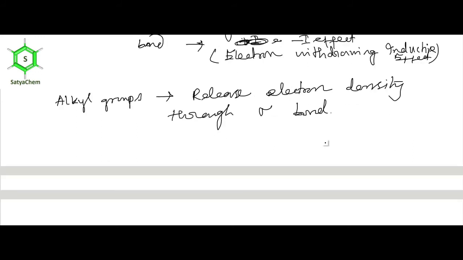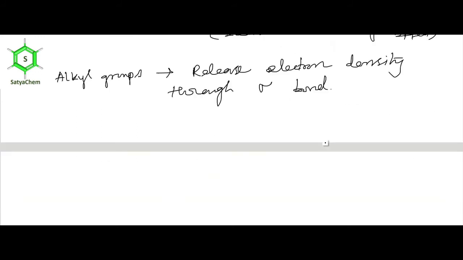Clear? But if we consider OH, the hydroxyl group is an electron withdrawing group, but when it gets converted into O minus, that is, when the hydroxyl group gets deprotonated, then it becomes O minus. Then it doesn't withdraw electron density, rather it releases electron density.